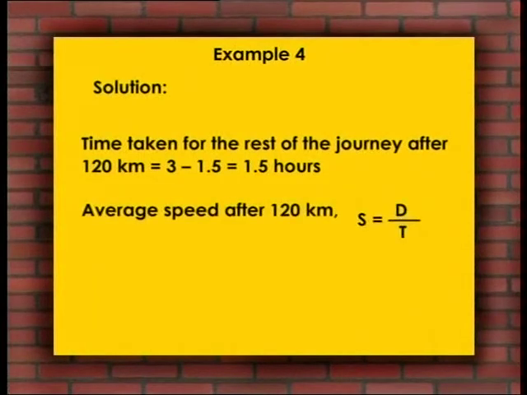Average speed after 120 kilometers, s equals d over t equals 150 over 1.5 equals 100 kilometers per hour.